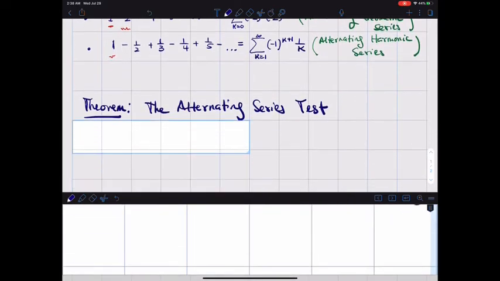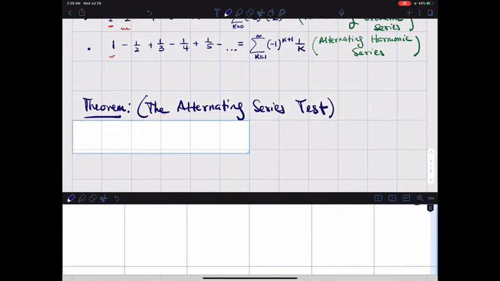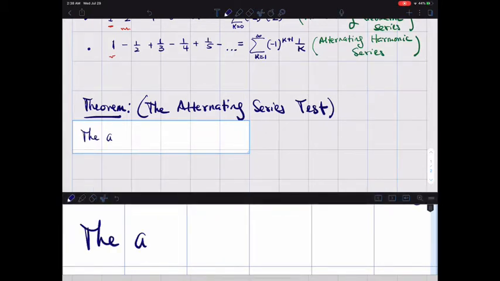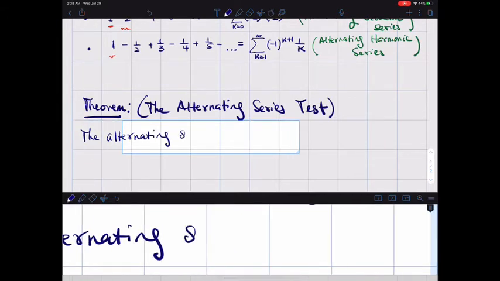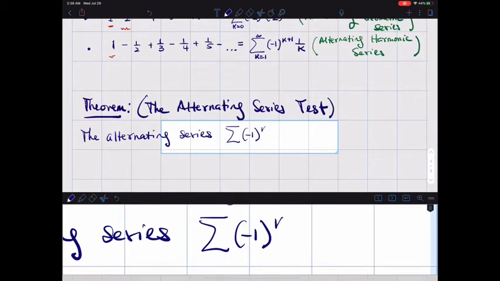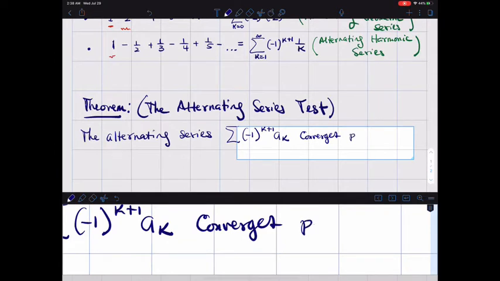Now the alternating series test says the alternating series, the summation of negative 1 to the power of k plus 1 times a_k, converges provided the following is true.